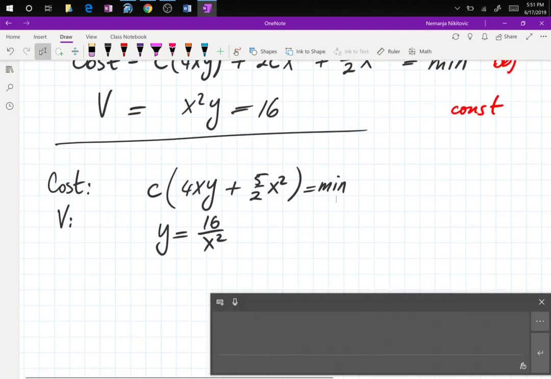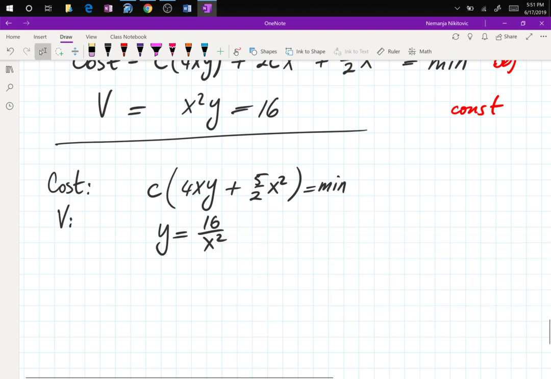Now it's really cool to immediately realize that the cost could be $1 or $10 or $100.